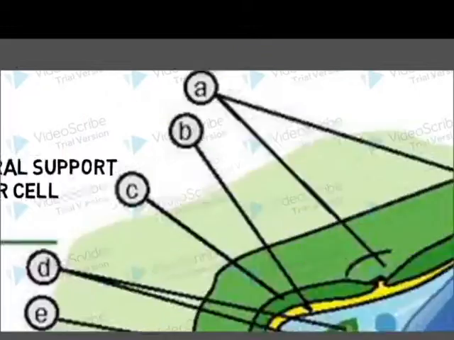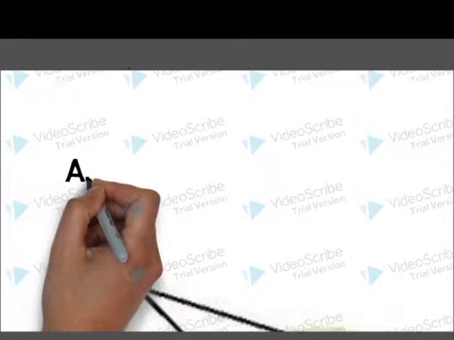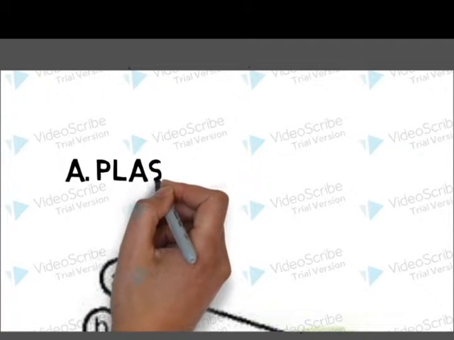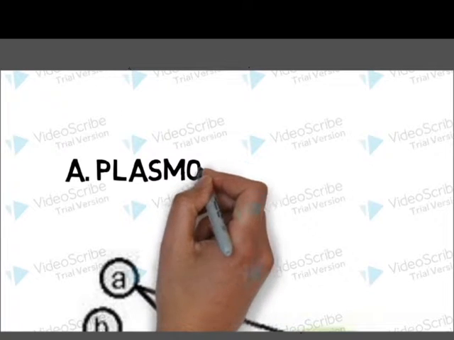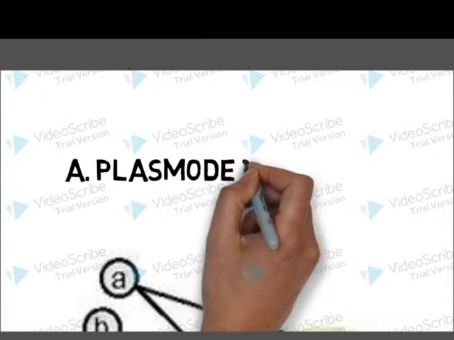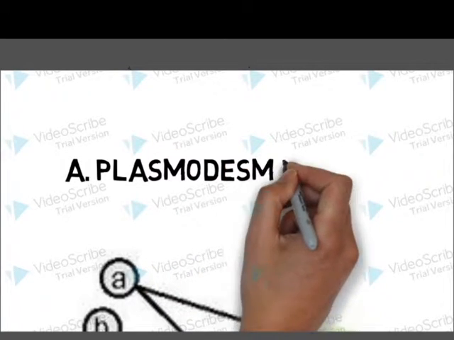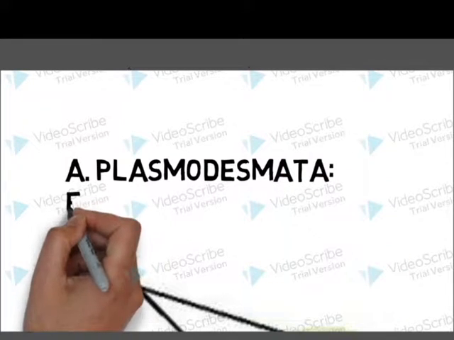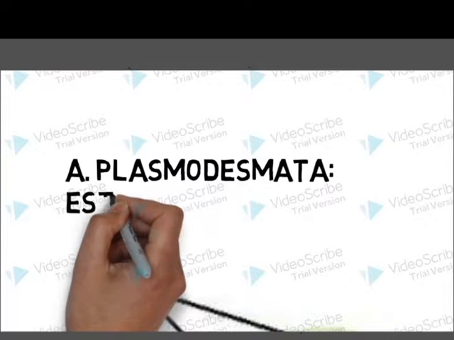The plasmodesmata are small channels that directly connect the cytoplasm of neighboring plant cells to each other and establish living bridges between the cells. They penetrate both the primary and secondary cell walls to allow certain molecules to pass directly from one cell to another, which is very important for cell communication.